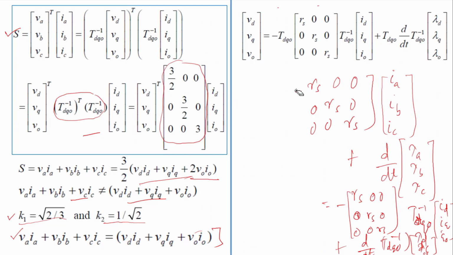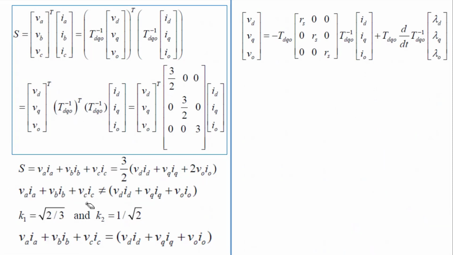So [VD VQ VO] will be equal to minus TDQO times RS, the diagonal elements, with off-diagonal elements 0, then TDQO inverse times [ID IQ IO], plus TDQO times d by dt of TDQO inverse times [lambda D, lambda Q, lambda O].